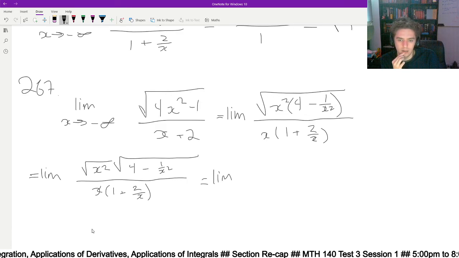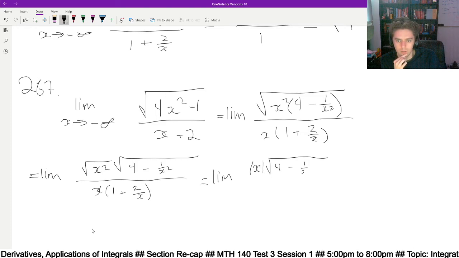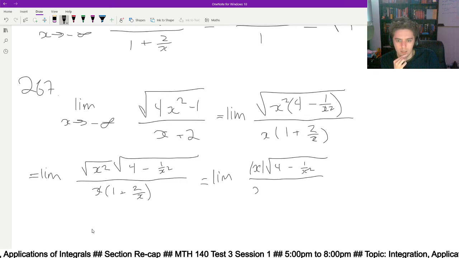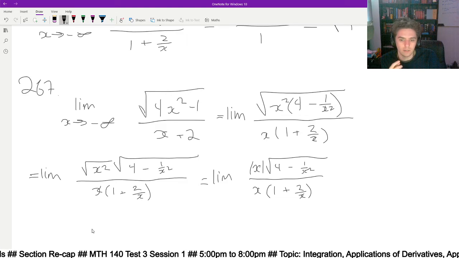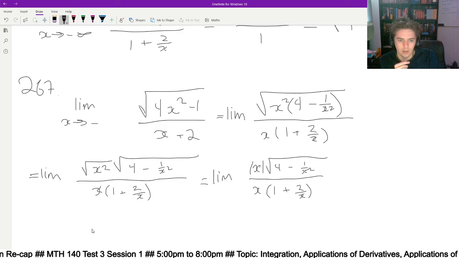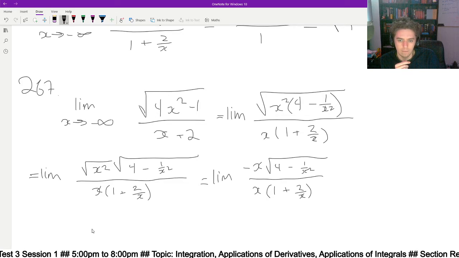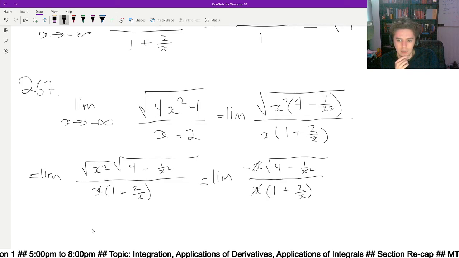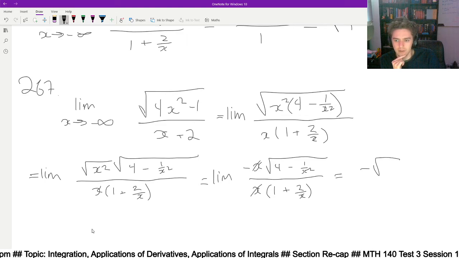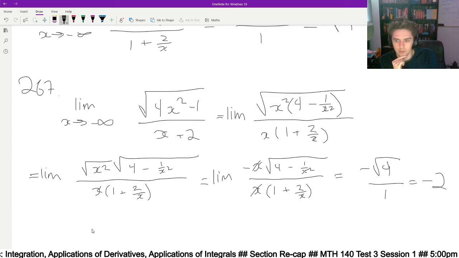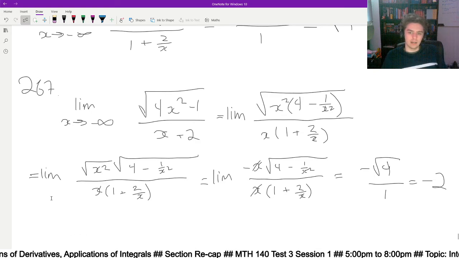And since we're going to negative infinity, we can replace this with negative x. Cancel the x's and then just apply the limit. I have negative root 4 over 1, which is negative 2. So we get the answer.